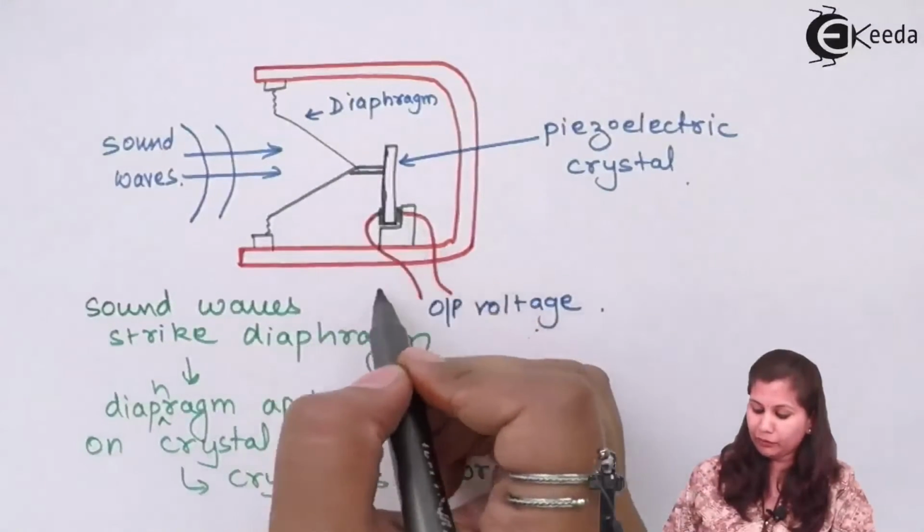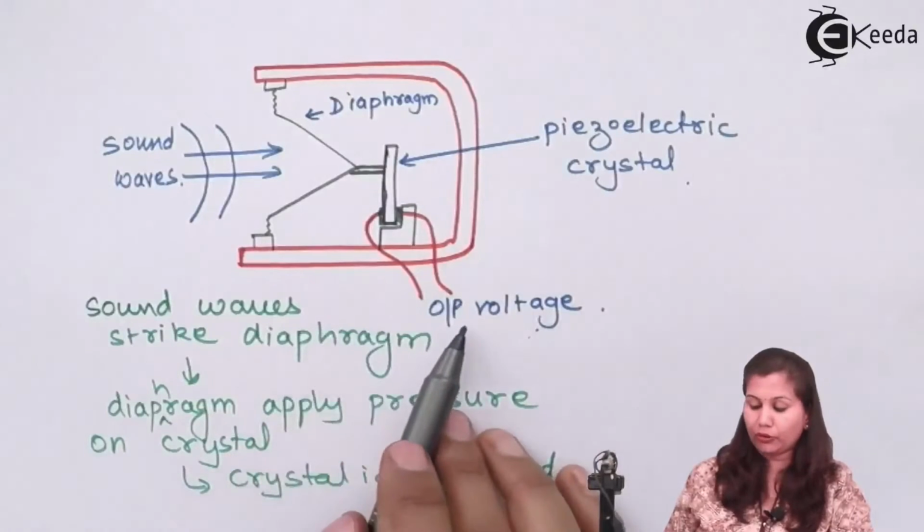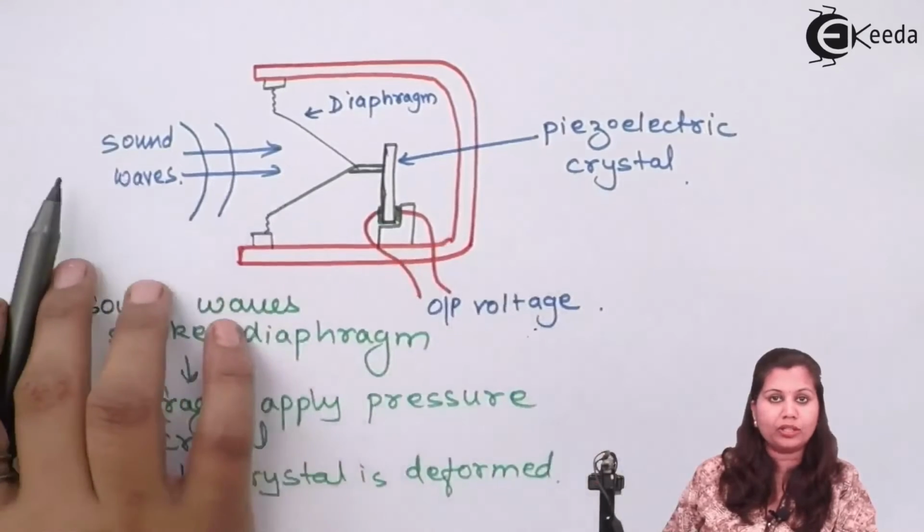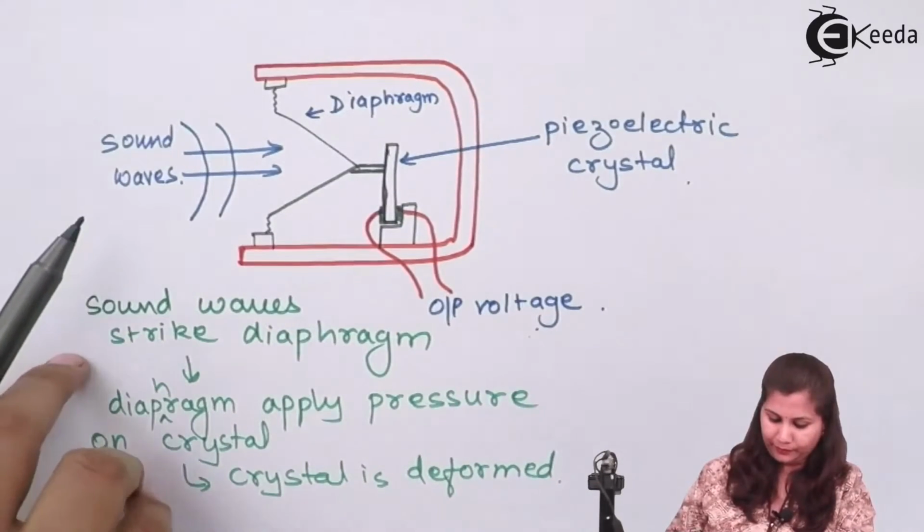Okay, and the amount of charge generated or the amount of voltage generated is a measure of the sound waves. As soon as the sound waves are removed, the diaphragm is going to come back to its original shape. Pressure will be removed from the crystal and no output voltage will be generated. Okay, so the magnitude of the output voltage is proportional to the magnitude of the force applied by the sound waves on the crystal.